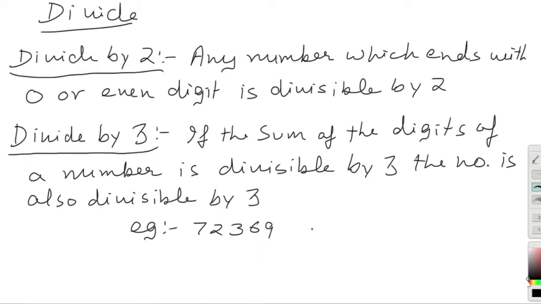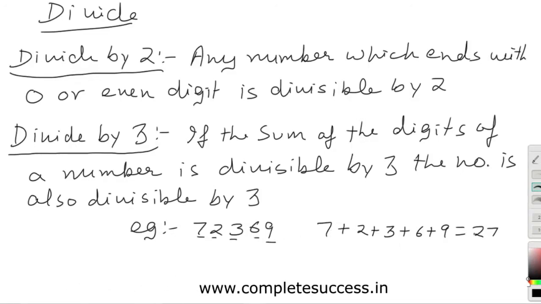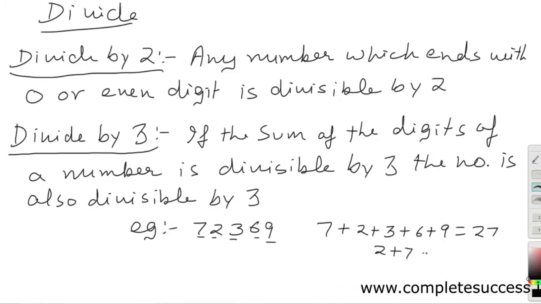This number is divisible by 3 because 7 plus 2 plus 3 plus 6 plus 9 equals 27. And 27 is 2 plus 7, which equals 9. So we can add until we get a single digit. Is 9 divisible by 3? This number is divisible by 3. Is it clear?